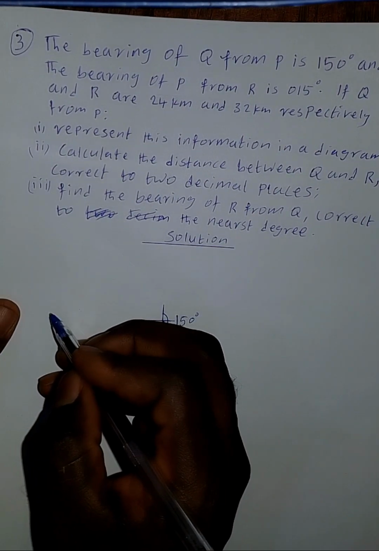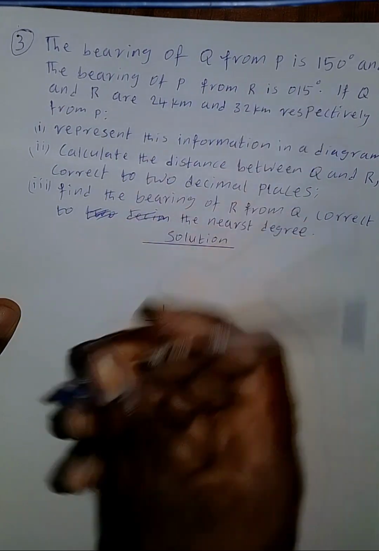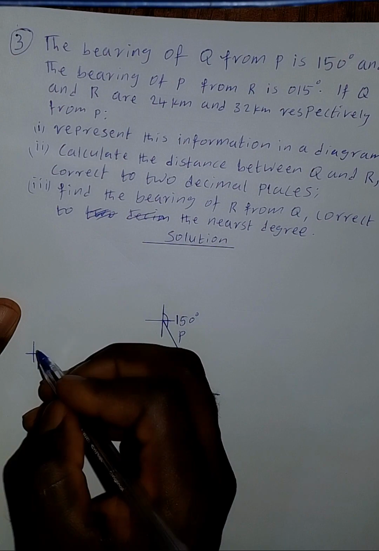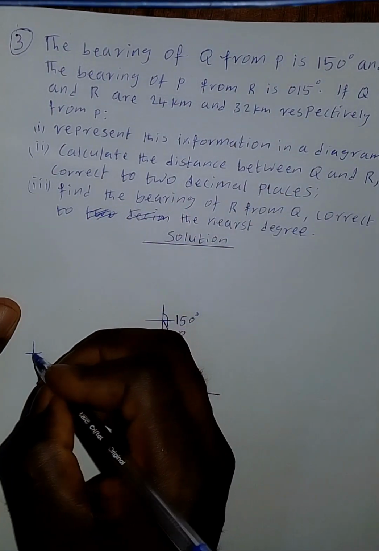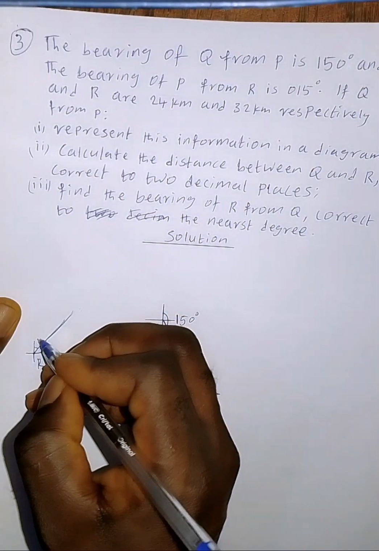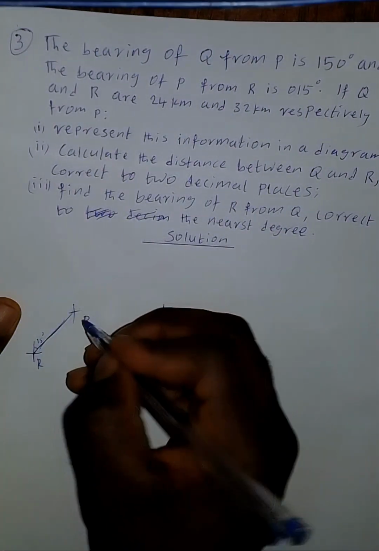This is the bearing of P from R. Imagine R to be here, and P is 15 degrees from R. So this is R, this is 15 degrees, and this is P.